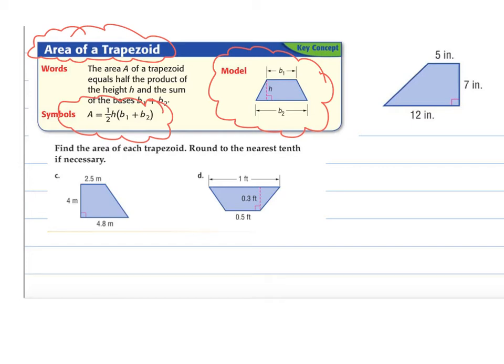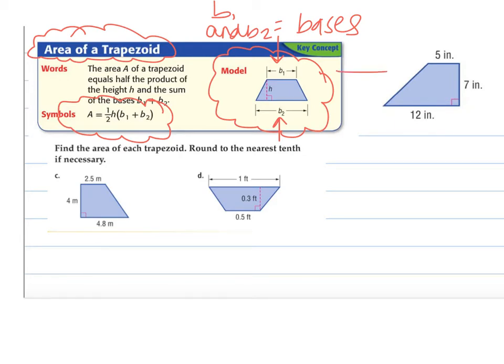So basically the bases added together. So the B1 and the B2, they both mean bases. And the 1 just means one of the bases, and the 2 means the other base. It doesn't mean base squared. It just means first base and second base.